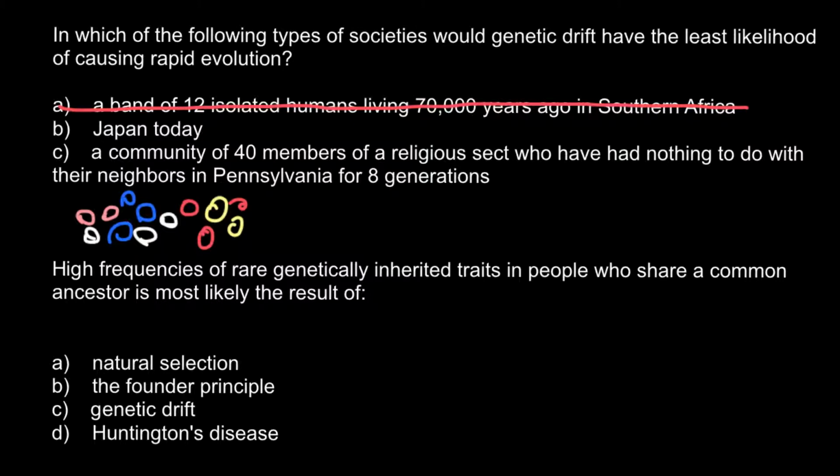And this time we have 40 members in a community that were isolated from the rest of the world for 8 generations. So once again, imagine that these alleles represent the gene pool of such a group. What would happen to this group after 8 generations? After only 1 generation, this community would lose 50% of its allele diversity due to inbreeding.